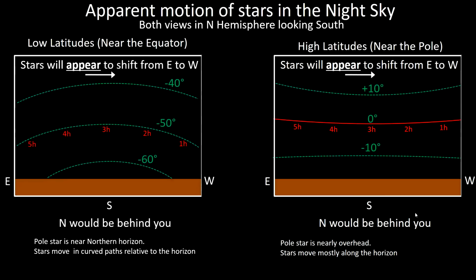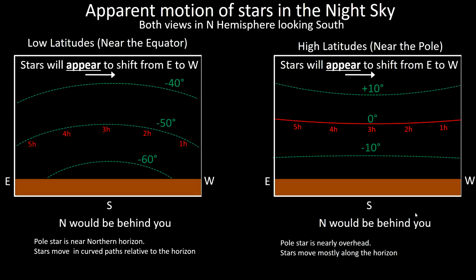So in the right-hand picture where we are near the pole, the pole star will be almost directly overhead. But when we go closer to the equator, and we're looking south, sort of towards the equator, then the pole star will be low down towards the north horizon, which is the one that would be behind us on this picture.